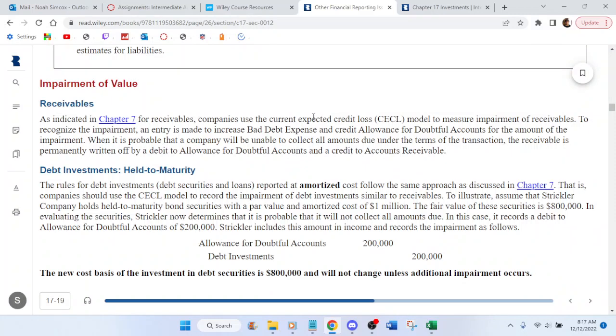You do the same thing, basically treat it as if you're doing the bad debt expense thingy for the other one, and allowance for doubtful accounts. Debt investments reported at amortized cost follow the same approach as the bad debt expense thing.